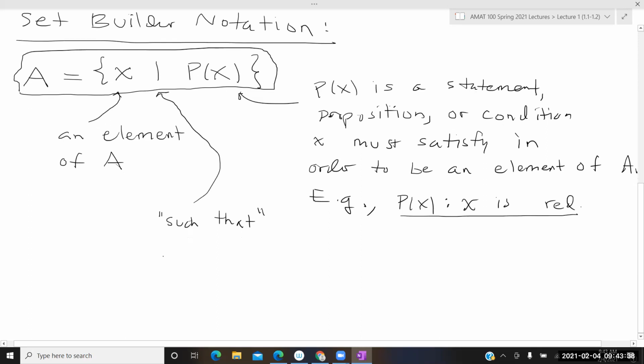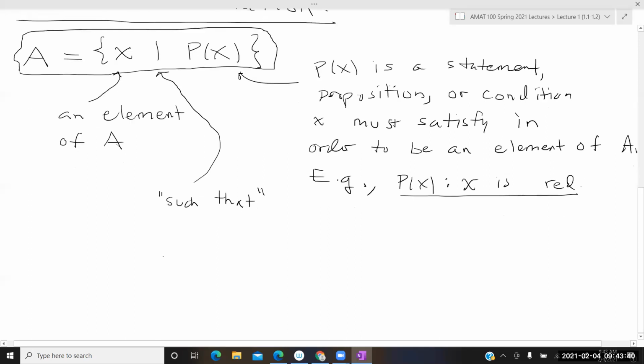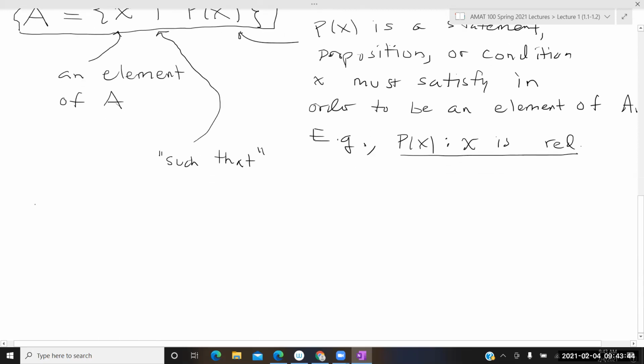So with that in mind, we can now define the set of rational numbers. The rational numbers are denoted as Q, and it consists of all elements of this form, P over Q, fractions, such that P and Q are integers, and Q is not 0.